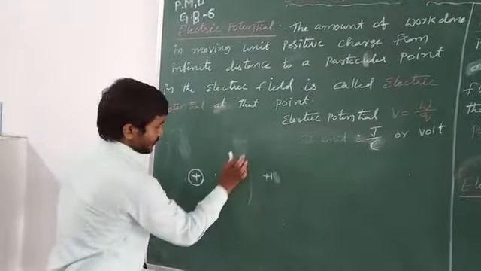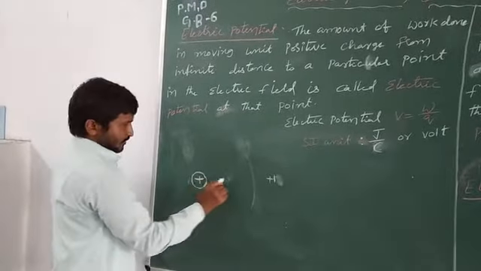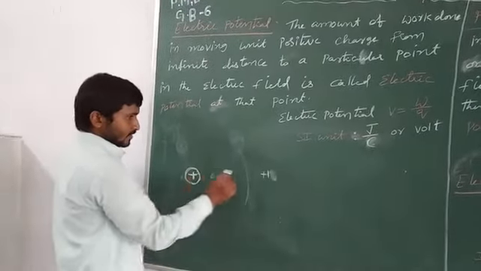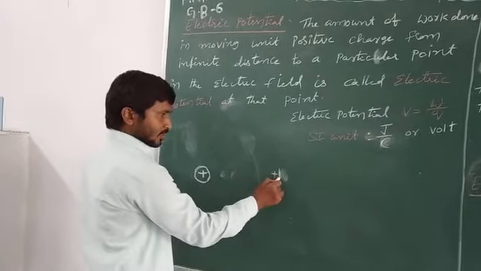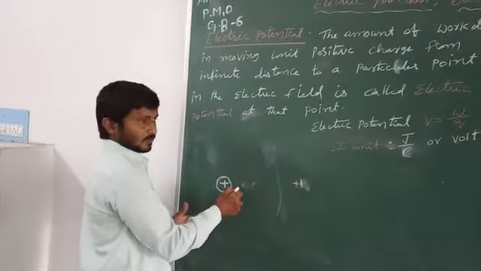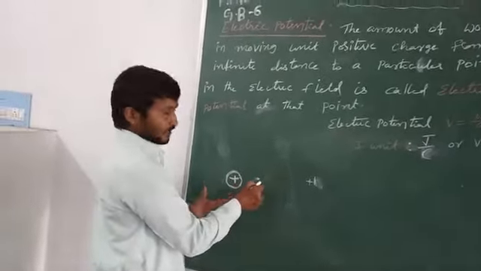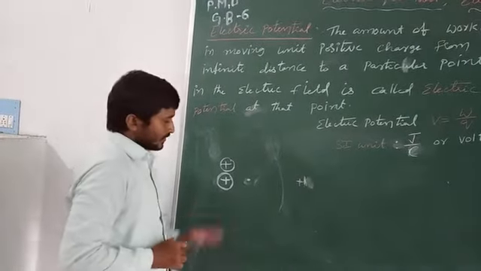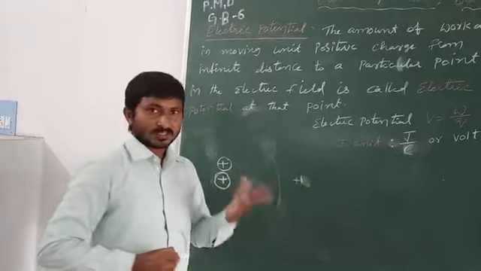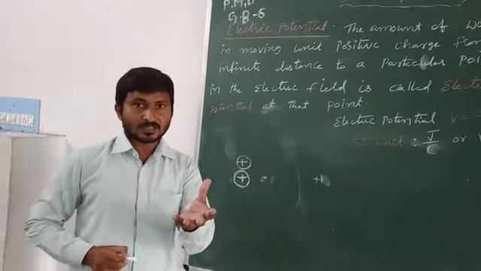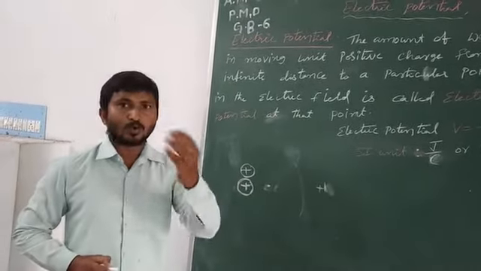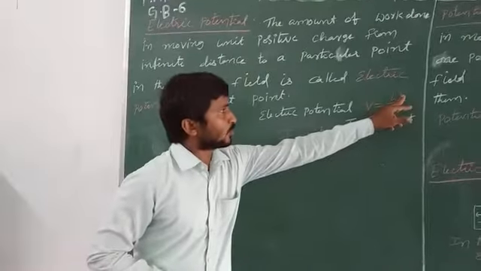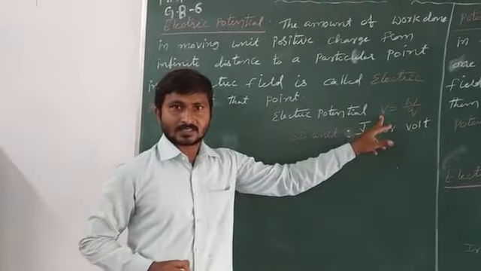Now, suppose there is one positive charge carrier. In order to move a unit positive charge carrier, we have to perform some work, so it has some potential. Suppose you take two positive charge carriers, then the repulsive force between them increases. Whenever the repulsive force increases, we have to perform more work. As we perform more work, electric potential increases.